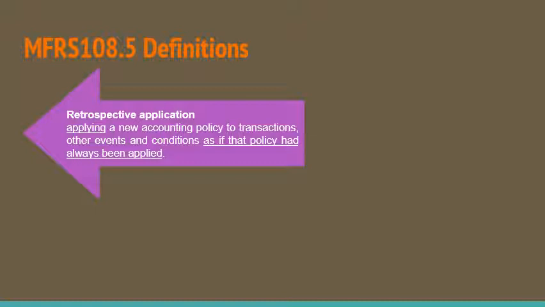In other words, whatever effects of the change, it must be recorded as if the change had taken place in prior years, not just in the current financial year. Therefore, whatever values that we already recorded in prior years, all of them must be changed according to the new policy. Note that retrospective application is meant for changes in policy.